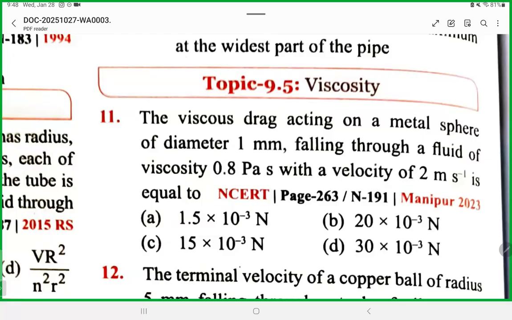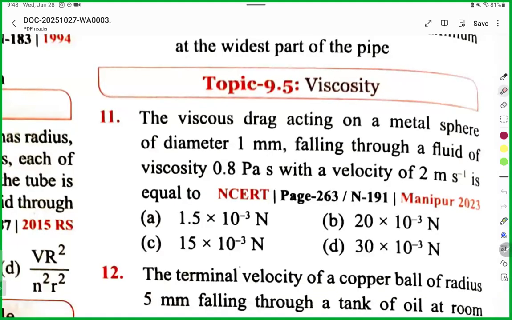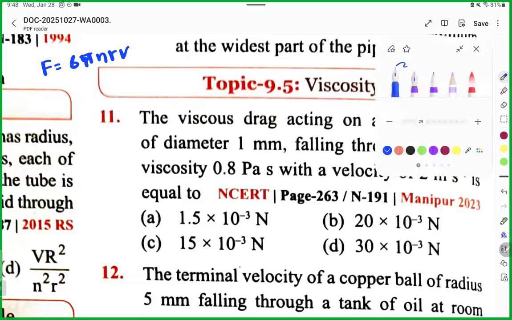What will be the answer? Done. This is the formula.